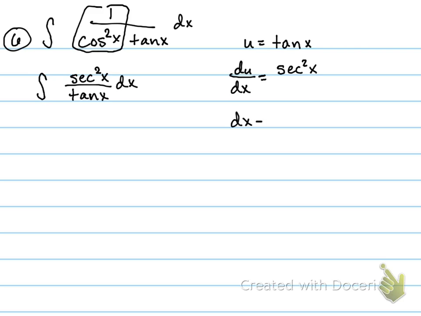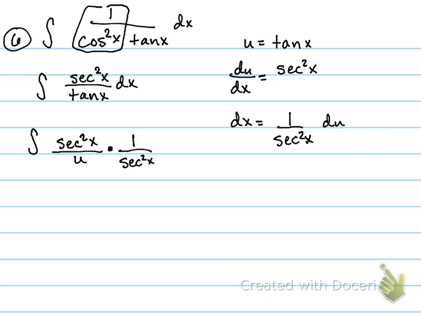So now when we get dx, I have 1 over secant squared x du. Oh, I think that's going to work. Let's try that. So you have secant squared all over u times dx actually becomes 1 over secant squared x du.